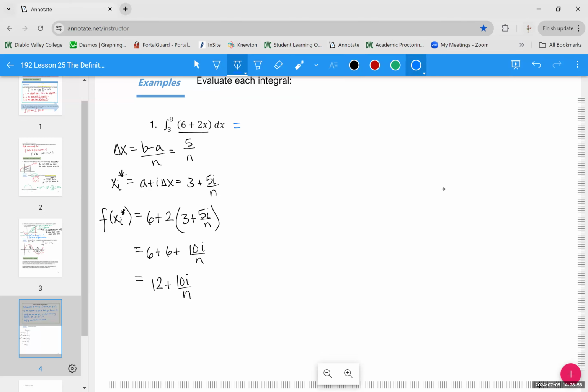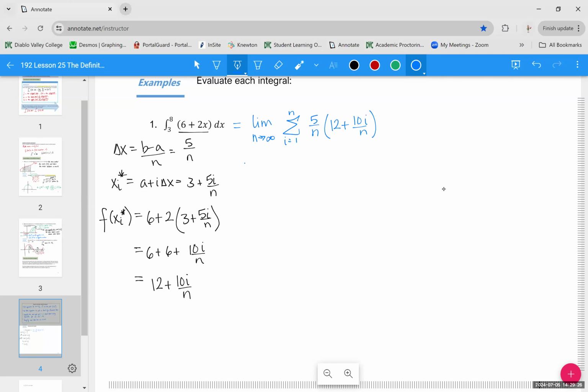Now we're going to set up the actual limit. This integral will be equal to the limit as n goes to infinity of the sum, i goes from 1 to n, of delta x, 5 over n, times f of x sub i star, which is 12 plus 10i over n. So that is the first step of just plugging the pieces into the limit form.